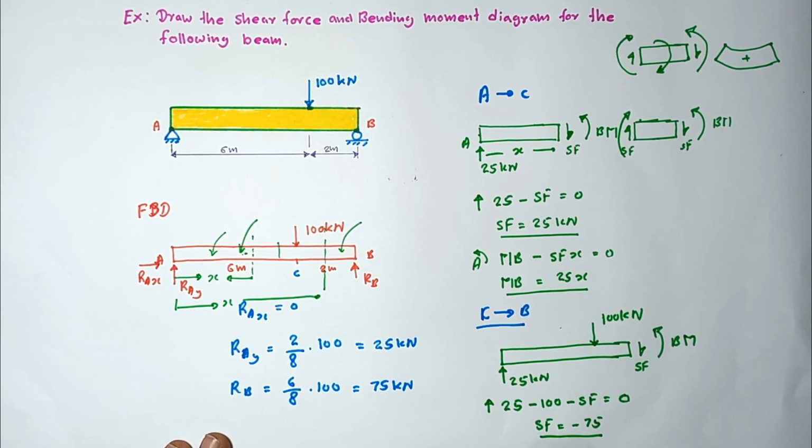Again I am going to take the moment around the A point. By taking the moment around the A point, we can write the bending moment equation.